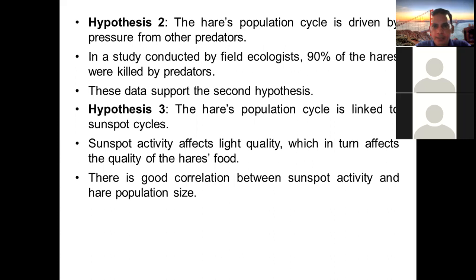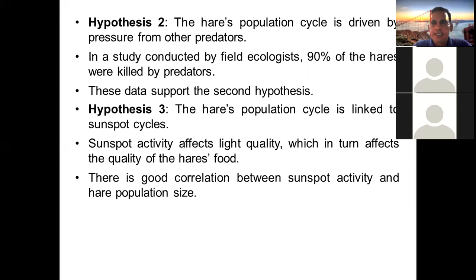So there is a good correlation between the sunspot activity and the hare population. Usually in the winters the availability of sun is less, and in the summers it is more. In the winters, the population was going down. From this we can conclude two points.